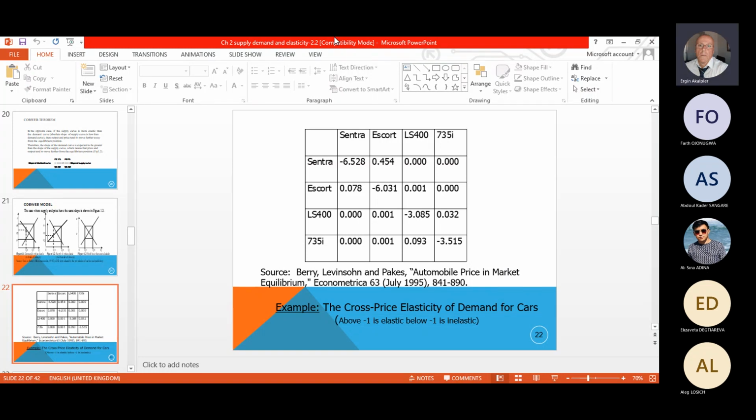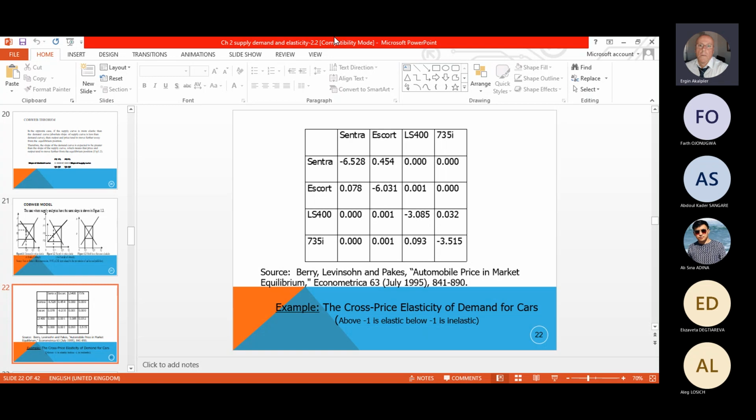Similarly for the BMW and for the Sentra, there is also almost zero, as I mentioned in the first column. And between these two, let's say BMW, there is high elasticity, which means either is no problem, because if it is above 1 it is elastic, and if it is below it is inelastic.